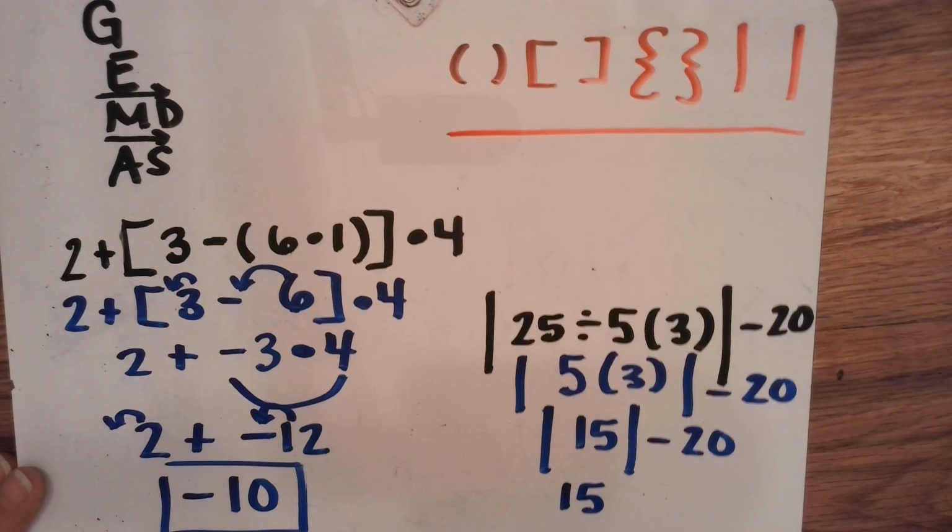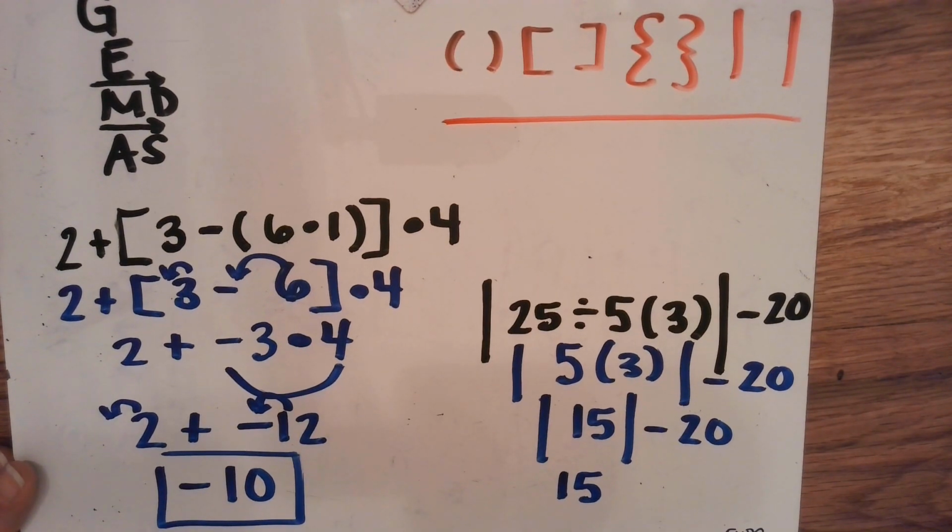Remember, absolute value is always positive. It can never be negative because it's a distance, and you can't go a negative distance. So then we're going to drop down our minus 20, and we have one final operation to do, and that's subtraction. 15 minus 20. Again, we have $15, but we want to spend 20. So we're going to owe somebody money.